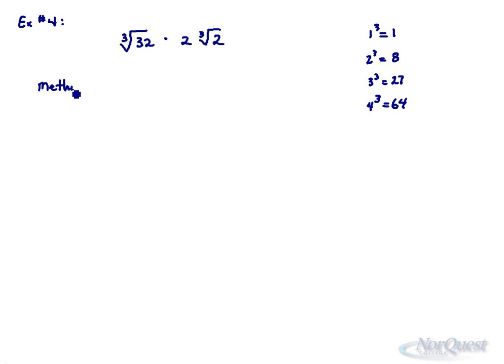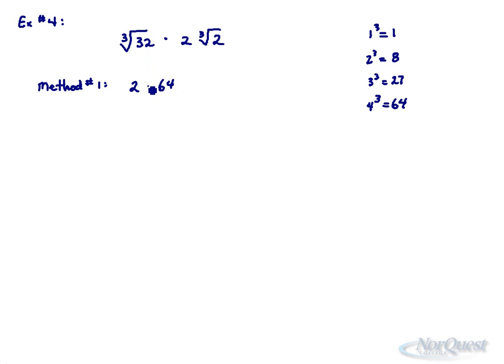Method 1, we could do this the same way we did example 3. Multiply the coefficients. 2 times 1 is 2. Multiply the radicands. 32 times 2 gives me 64.